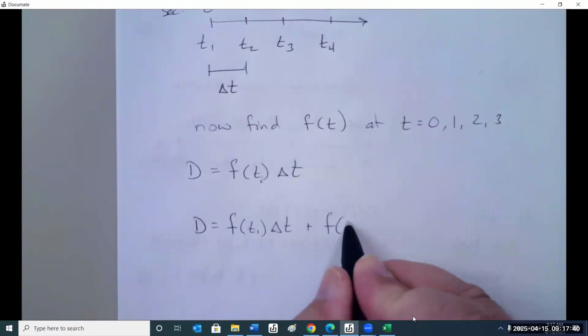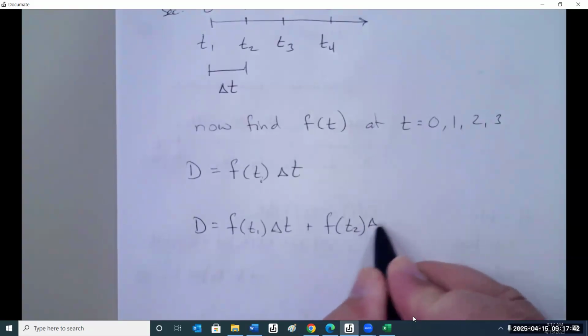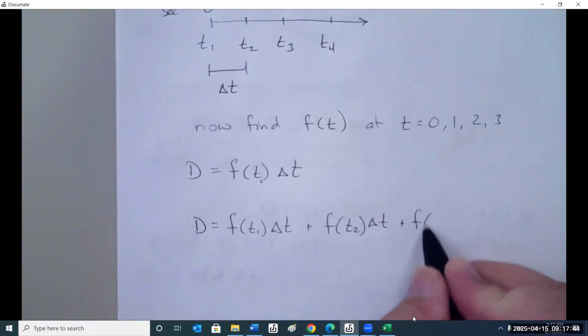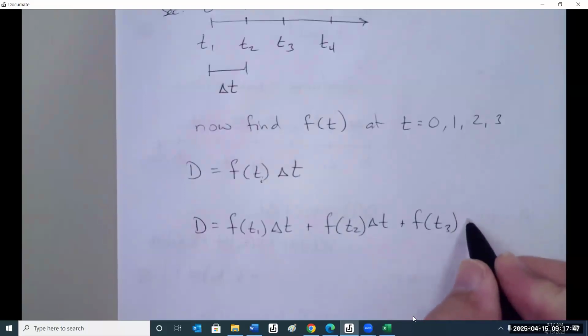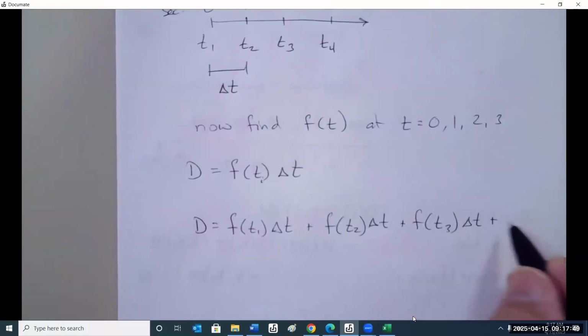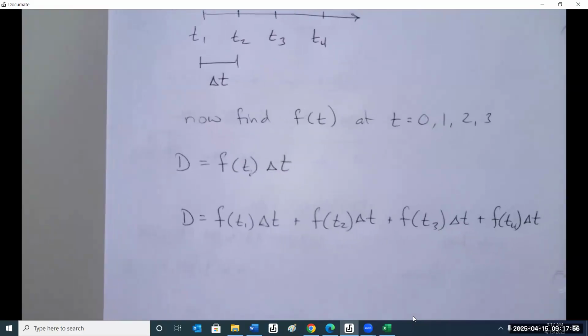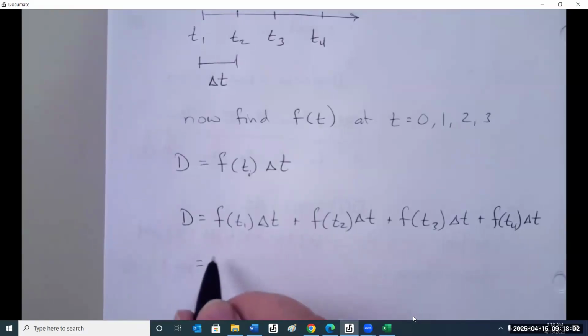Then we have f of t2 times delta t, f of t3 times delta t, and then f of t4 times delta t. What's t1? t1 is 0.